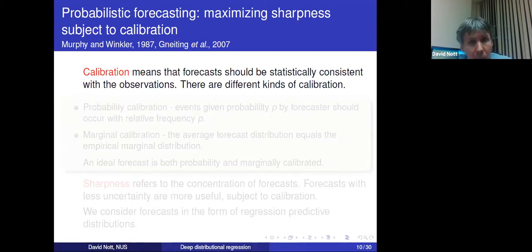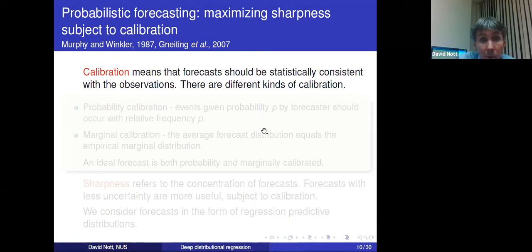A lot of existing methods for sophisticated uncertainty quantification in deep learning are inspired by notions of calibration in the literature on probabilistic forecasting.